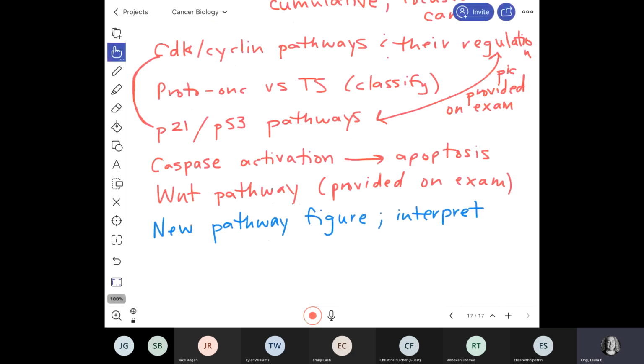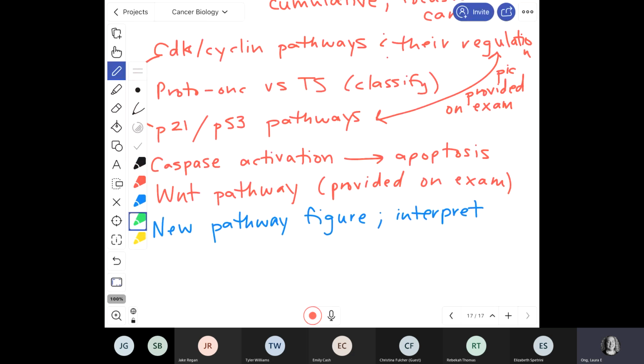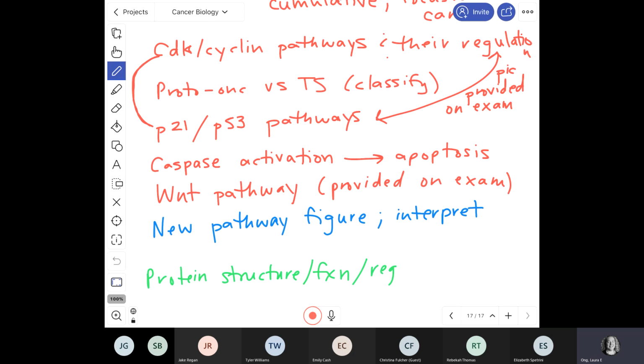So when you're studying for this exam, you mostly need to study the new material, but the exam also includes information from the past sections of class about protein structure and function. So from Unit 1, protein structure, function, and regulation.